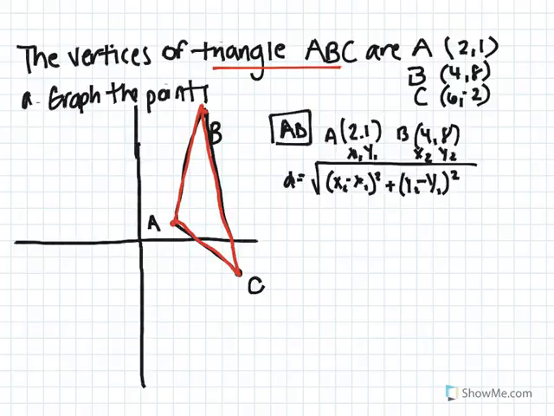Okay, so I have distance equals the square root of (x2 minus x1) squared plus (y2 minus y1) squared. This is definitely going to be one of the formulas on the test, so you have to memorize it by tomorrow. So I'm going to just plug in my values.